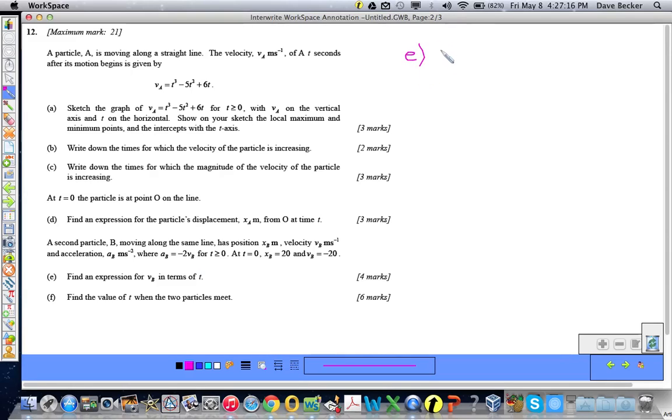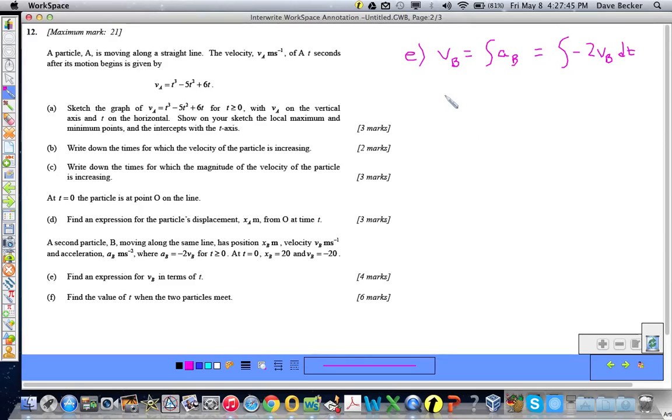Well, we know that velocity of b is equal to the integral of the acceleration of b, which is equal to the integral of negative 2 vb dt. How do I know that? Well, they told me that the acceleration is equal to negative 2 times the velocity of b. So if I integrate that, I get the velocity.